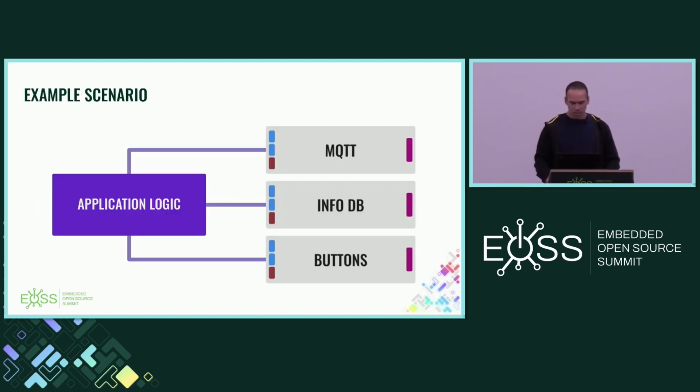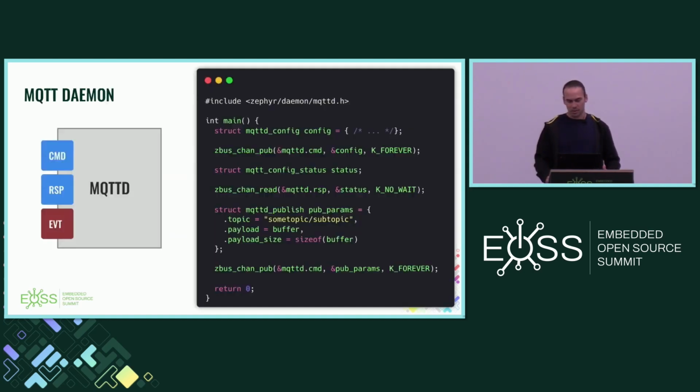For example, we could have this kind of scenario where we have a daemon for MQTT, a kind of DB, or buttons, simple things that we are still programming. We still need to write code for buttons, for example, and other things like MQTT.